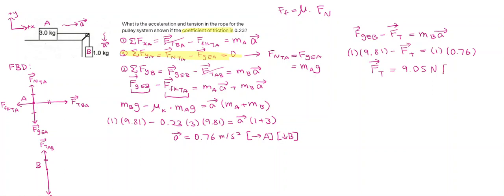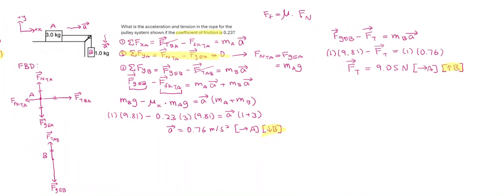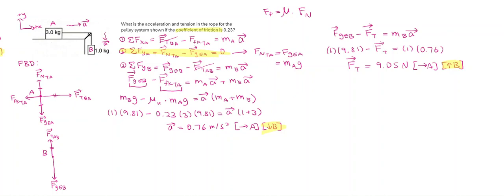And then the direction, once again, right for A, and then up for B. So please be careful with the direction of the tension. Once again, these are actually flipped around. Okay, so that's yet another very standard problem. So make sure you understand this, and we're going to move on to the very last problem.